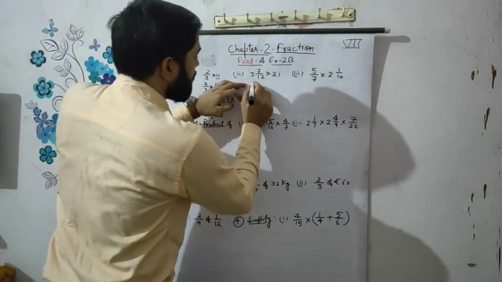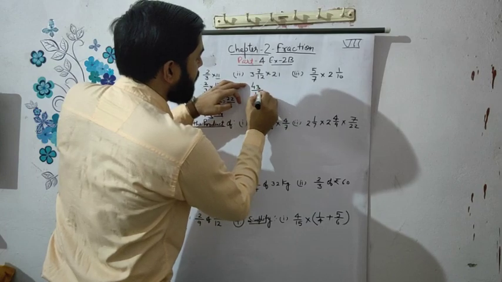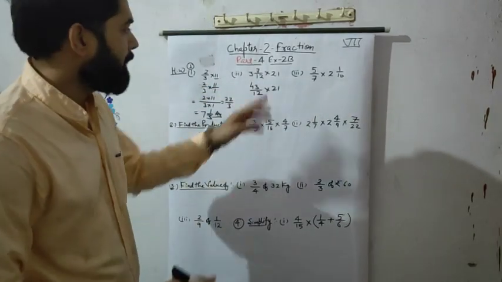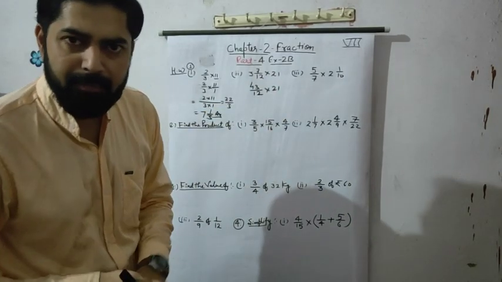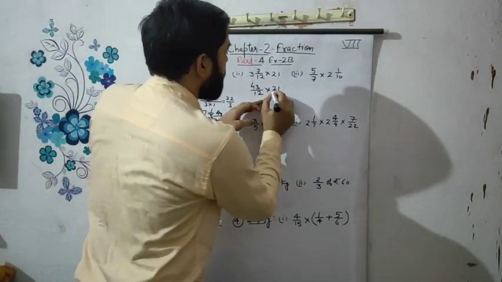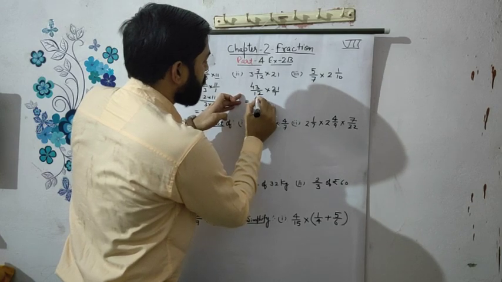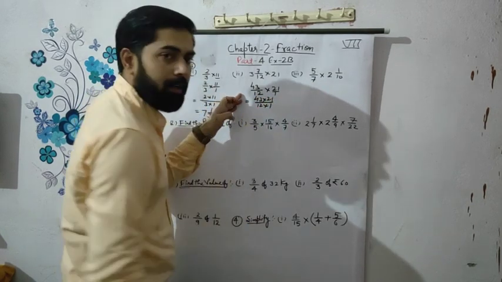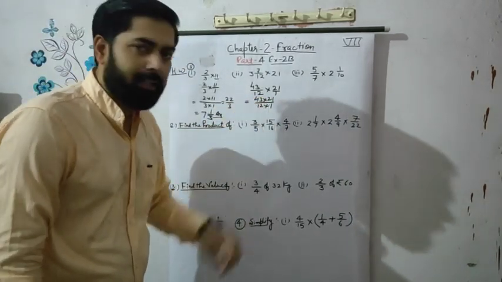Good. Then 43 upon 12 multiplied by 21. Same as here, here is a number without a denominator, so we can write it as 1. So this is equal to 43 multiplied by 21 upon 12 multiplied by 1. Observe the numerators and denominators here.